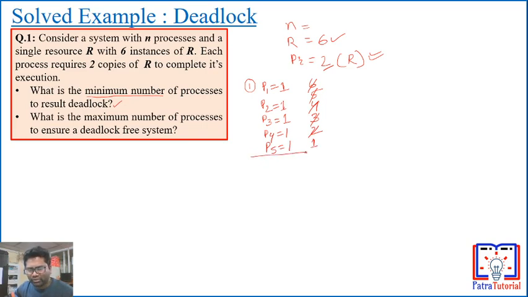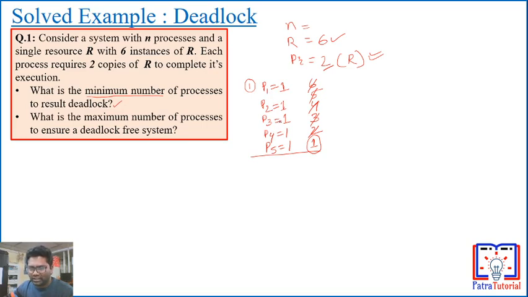Now 5 processes are there, and I have allocated the maximum requirement minus 1 instances to each process. Now I have one instance left with me. If I allocate this instance to any one of these processes, they can continue and complete their execution, right?